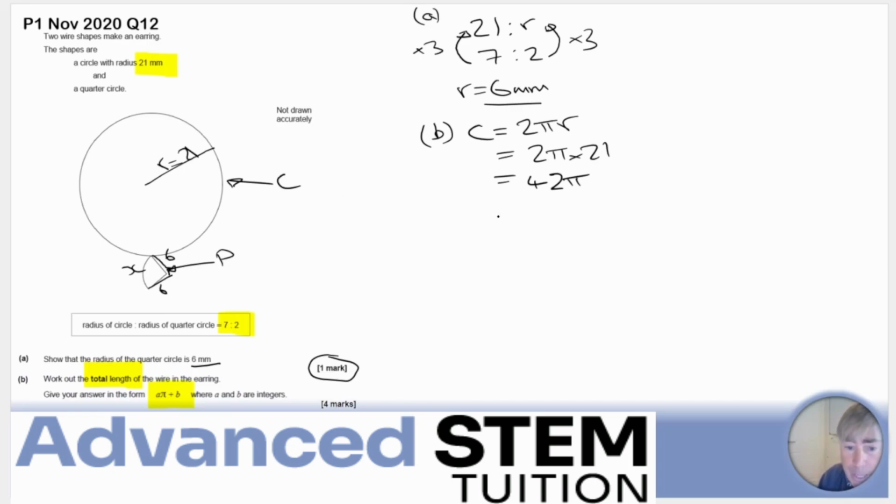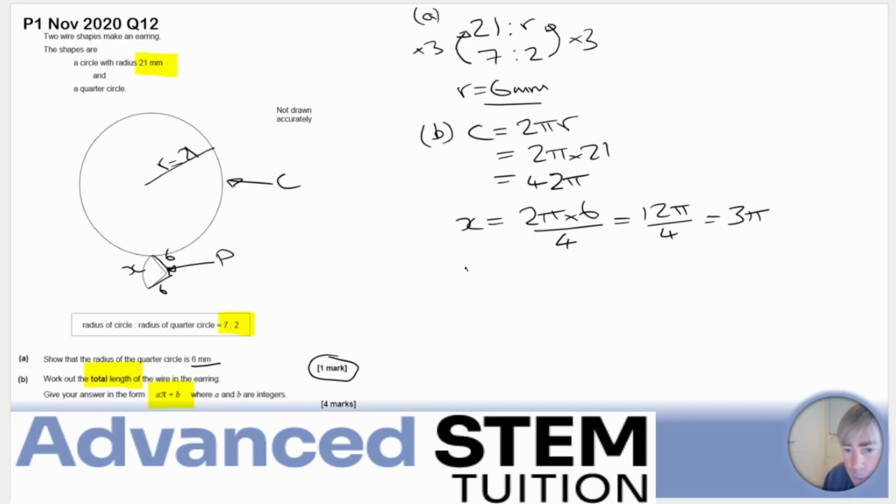So that's the bit x we're interested in. Okay, so I know that x is going to be equal to, again using our circumference formula, 2 pi times 6, which is the radius of our small quarter circle. And because it's a quarter circle, I can divide that by 4. So I end up with 12 pi upon 4, which simplifies out to 3 pi.